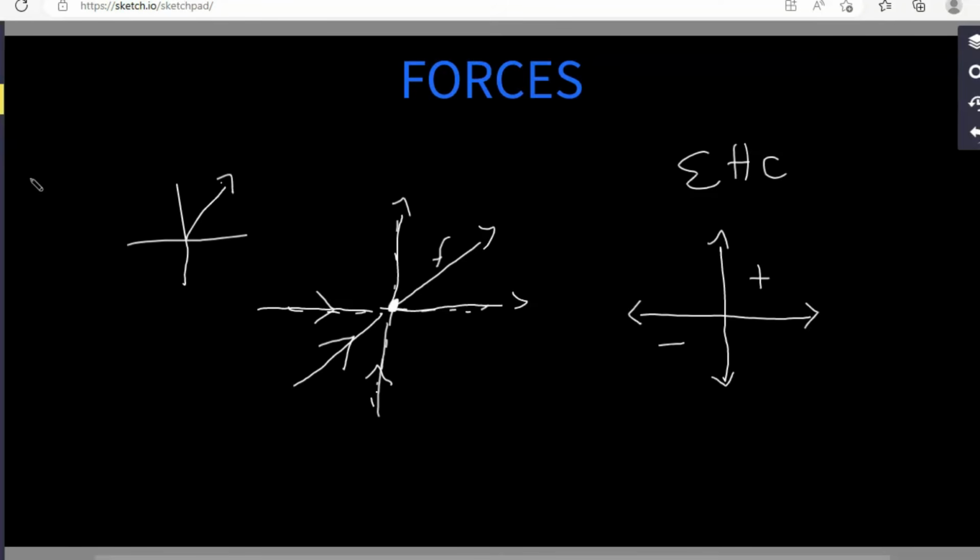If you're in this quadrant, your component will be here. You say this is pointing away from this point, therefore this component will point away and this component will point away.